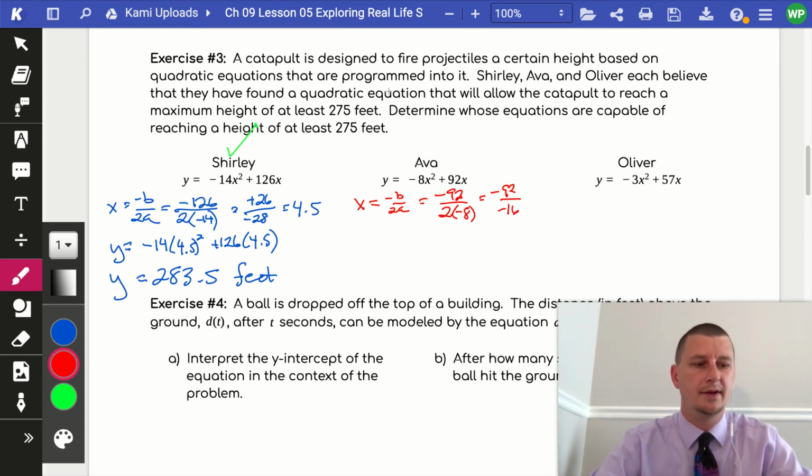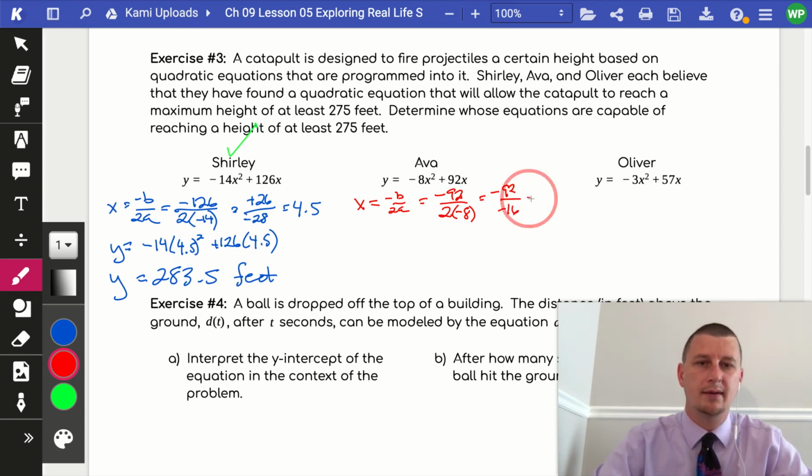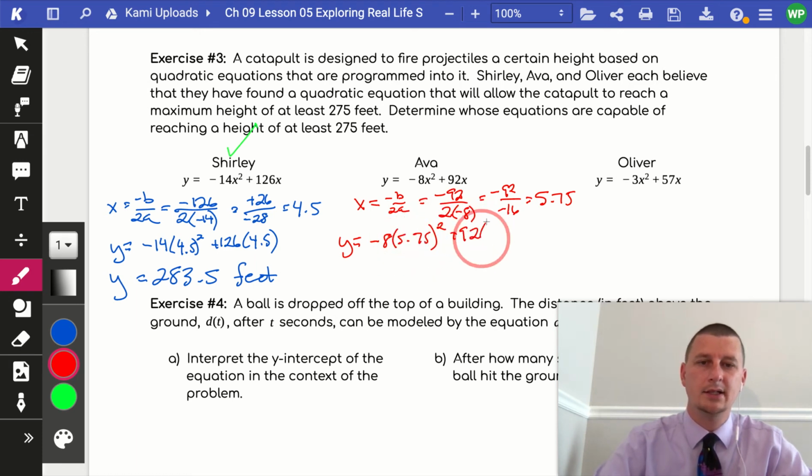So when we divide those two numbers, we're going to get a positive 5.75. Now let's substitute in that x value into our equation to find our vertex, and we're going to have negative 8 times 5.75 squared plus 92 times 5.75.